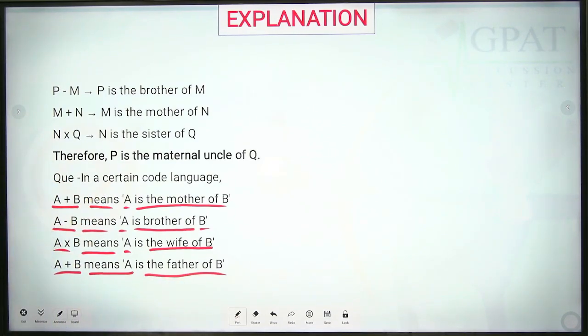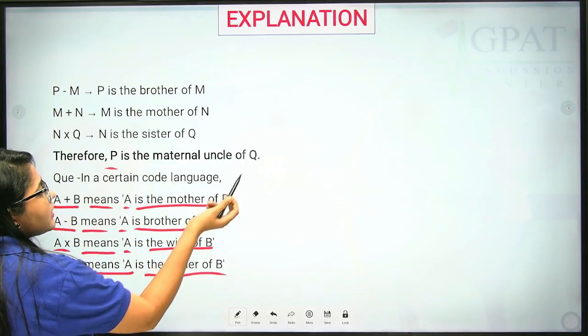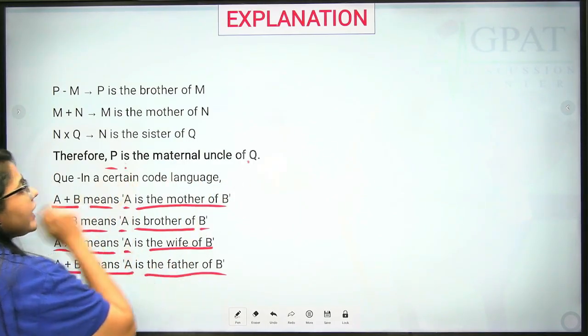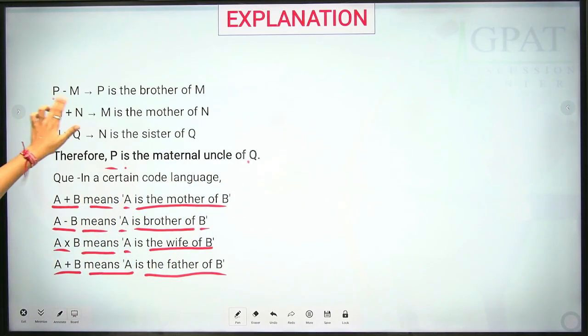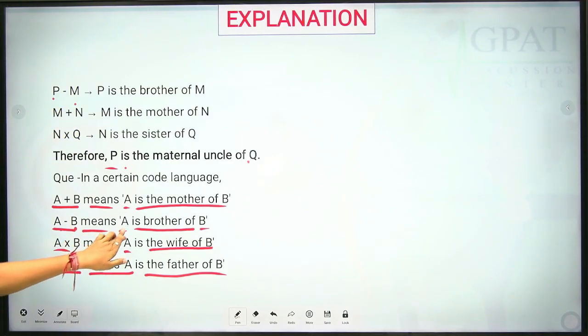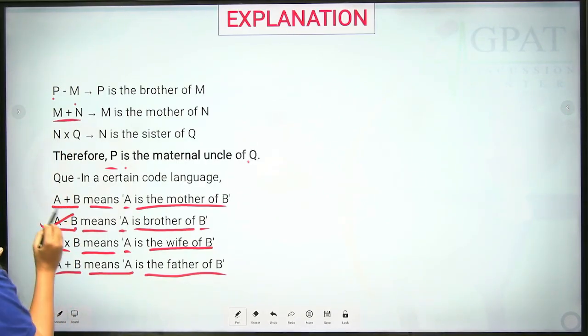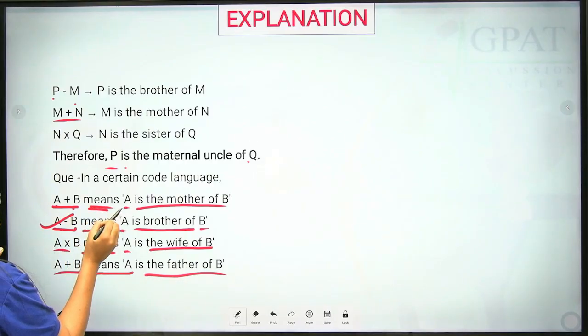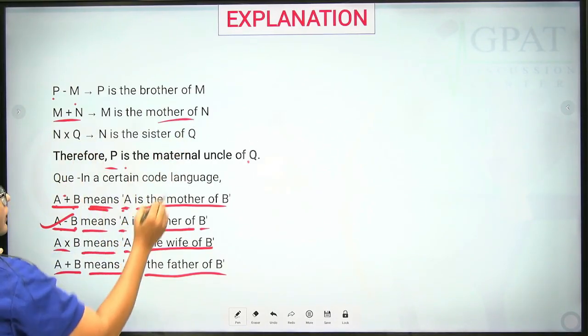The question asked: what is the relation between P and Q? P minus M is P is the brother of M. This is clear. Next we have M plus N, meaning M is the mother of N.